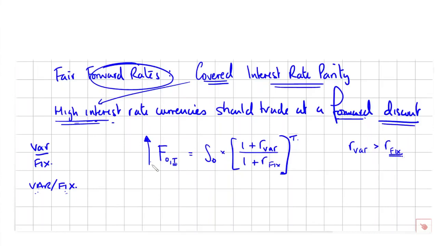So if the forward rate is higher when our variable rate is bigger, it's actually this currency that's strengthening because it's buying more of the variable currency, and it's the low interest rate currency. Great. So the relation does work. All you need to do is be very clear at the outset which one's variable, which one's fixed, and then apply the variable over fixed mantra when you're adjusting spot by interest rate differentials to get to forward rates. And that's what we're going to do.